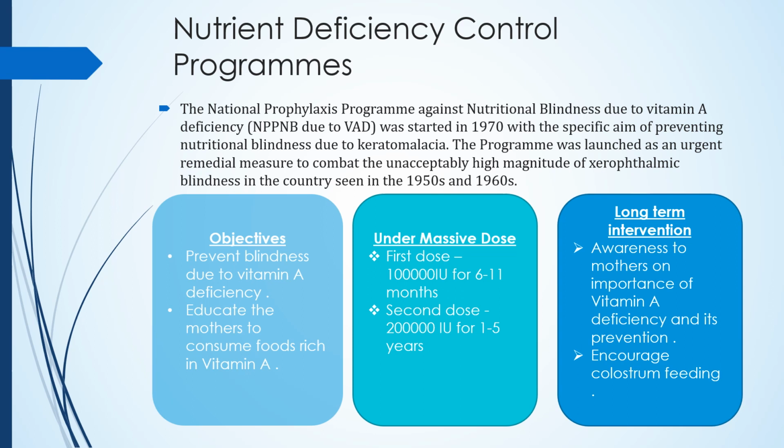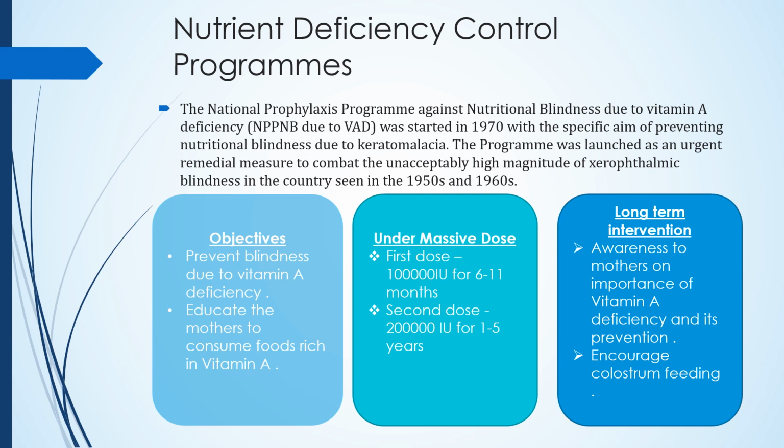So the next set of programs, we have nutrient deficiency control programs. That is something called prophylaxis programs. So in India, prophylaxis programs are available for vitamin A and iron.